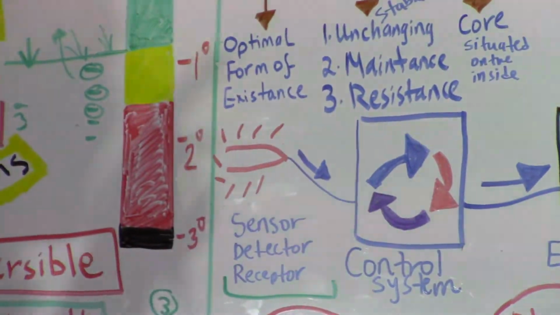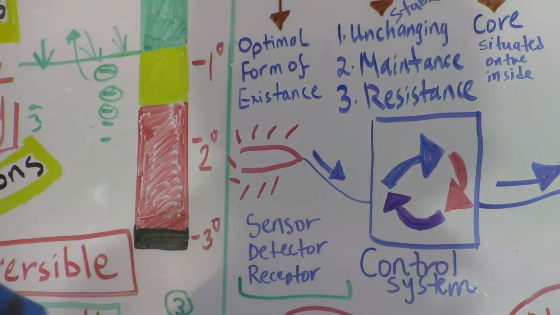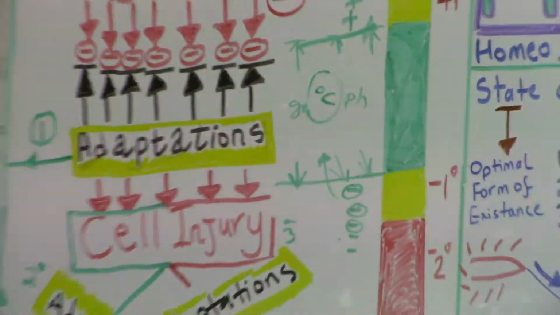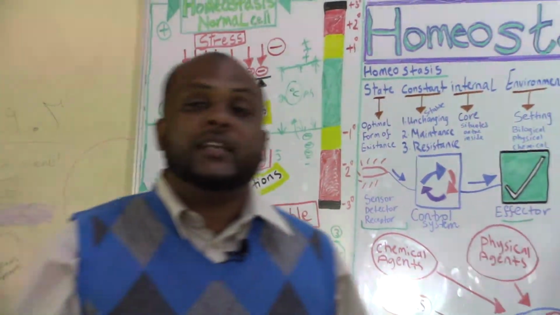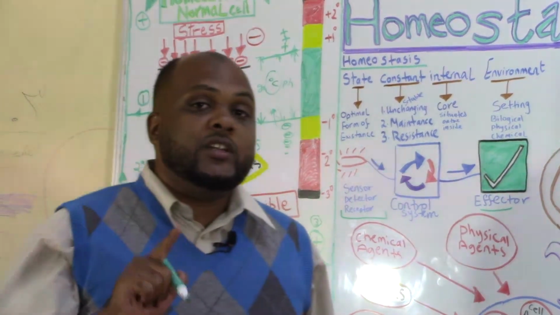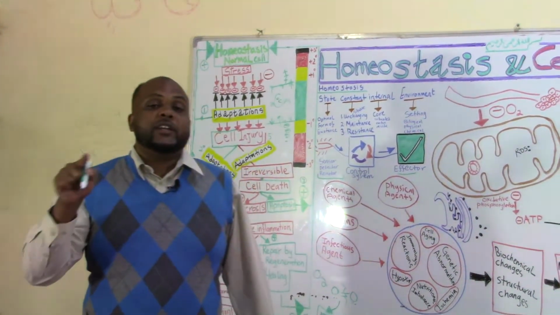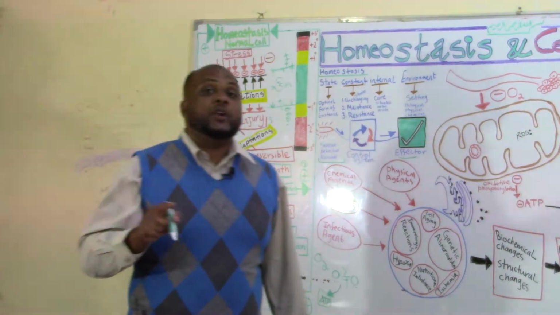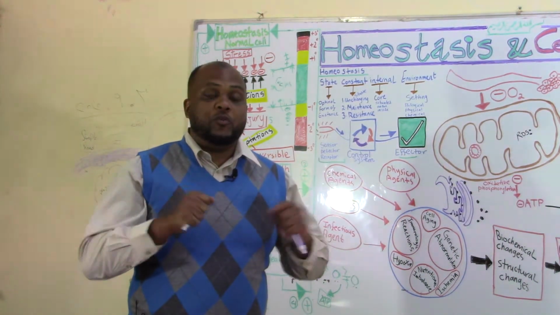The hypothalamus will send a signal to the skeletal muscles. So now the effector is the skeletal muscles. The skeletal muscles will now use chemical energy in the form of ATP and convert it to kinetic energy in the form of shivering, in the form of motion.